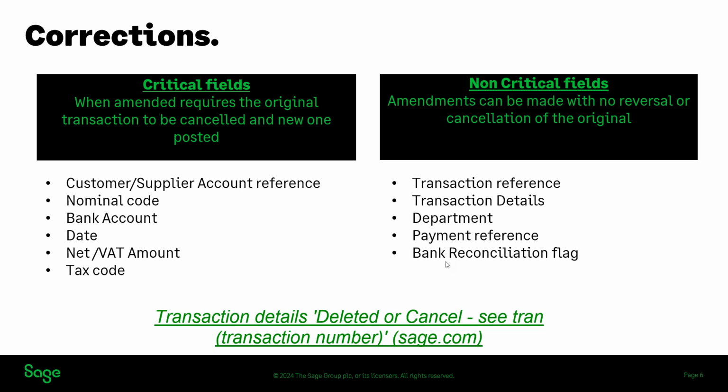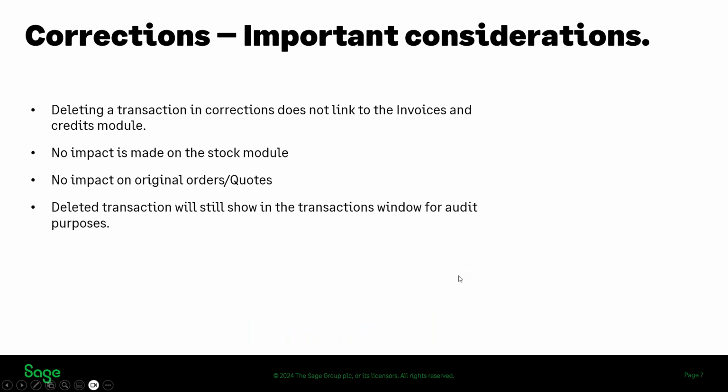Okay, so I'm just going to go on to the next slide because there's one more thing, and I think it ties in very nicely with the question that's just come through. There are important considerations to be made. If you're amending, editing, deleting a transaction that's been posted onto the ledgers from an invoice in the invoices and credits module, it is important to understand that that will not link back to the original invoice.